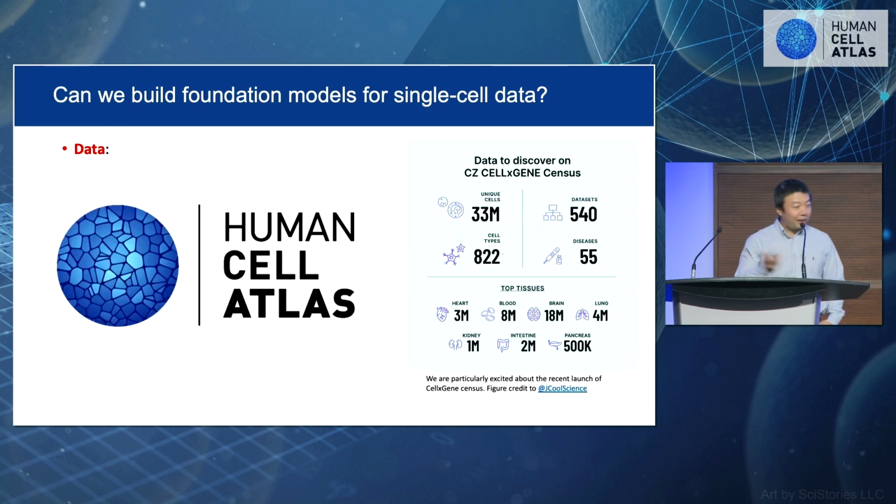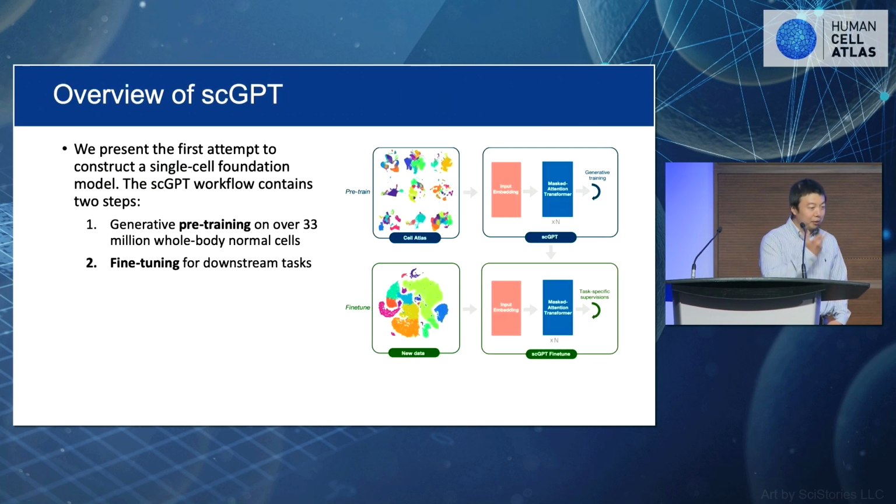Last, data. Again, thanks to the community efforts, particularly the Human Cell Atlas, we have access to a large amount of single-cell data curated from various organs. Specifically, we took the CELLxGENE Census, which contains 33 million cells. I know yesterday they updated, and now they have 50 million cells, but we took the one with 33 million cells and trained our scGPT.